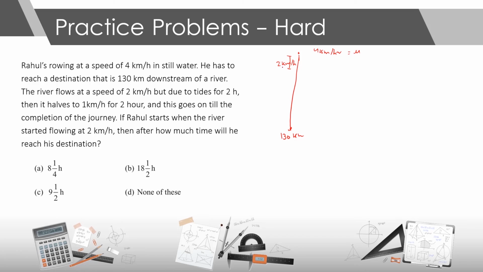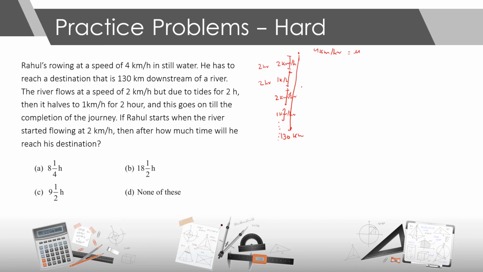After 2 hours, he reaches a certain point, but at that point, the speed of flow reduces to 1 kilometer per hour. And this also continues for 2 hours. Again, the speed of flow increases back to 2 kilometers per hour. Then again tide comes for 2 hours and the speed becomes 1 kilometer per hour, and this cycle is going on.